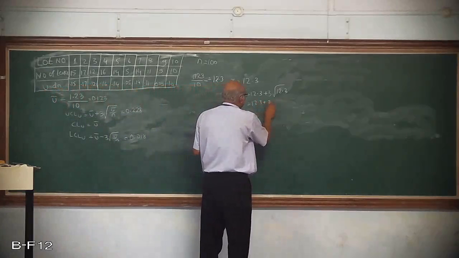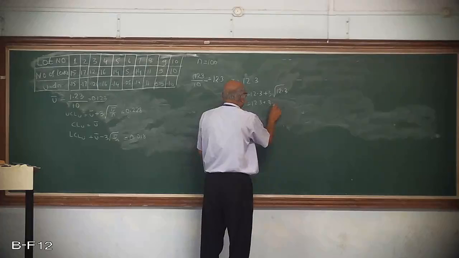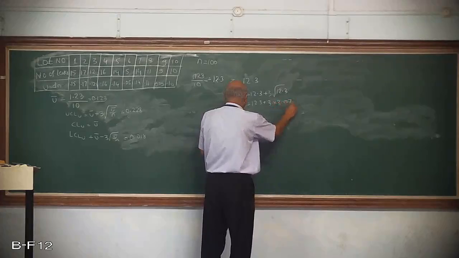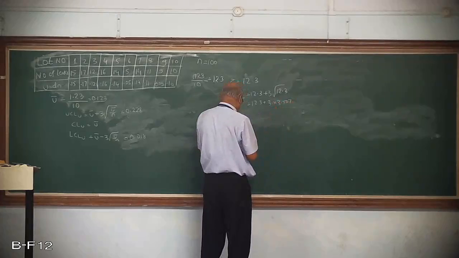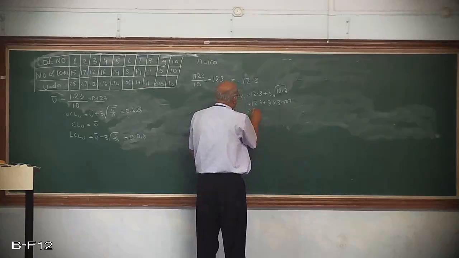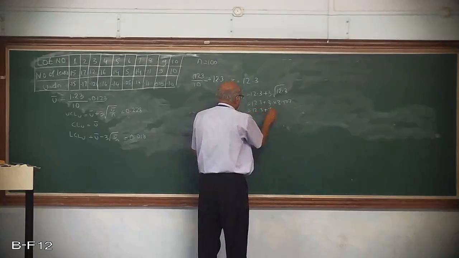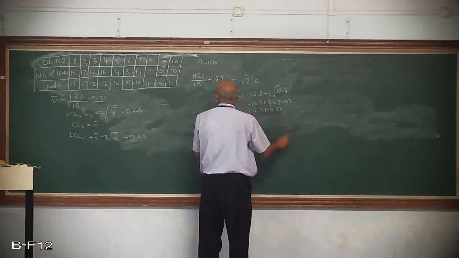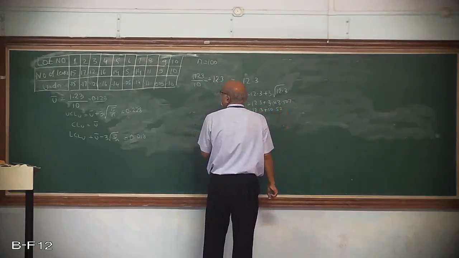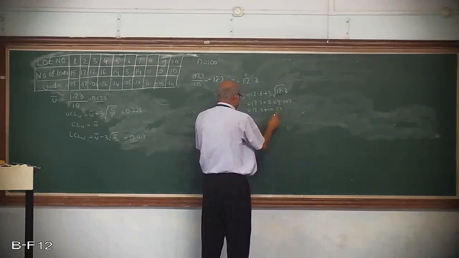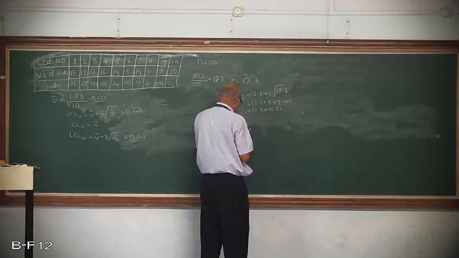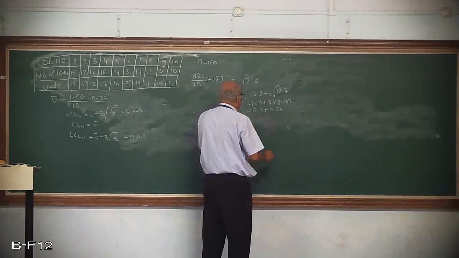So 12.3 plus 3 into 3.507, that is 10.52. So this works out to be 10.52 plus 12.3, which is 22.82.